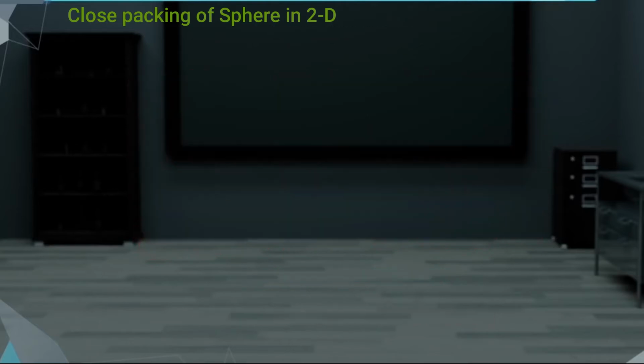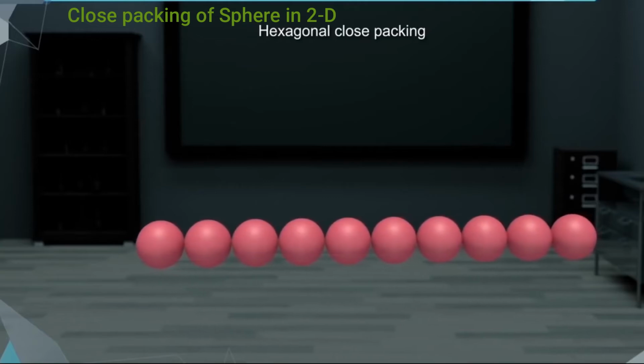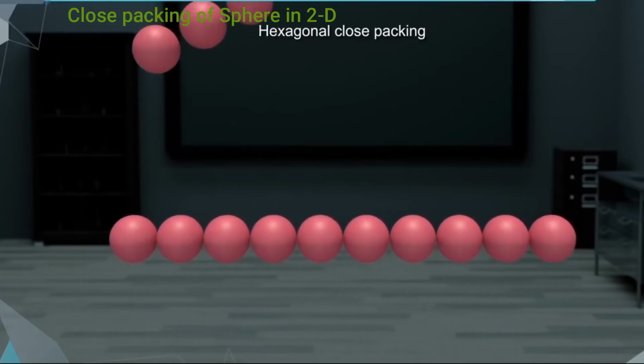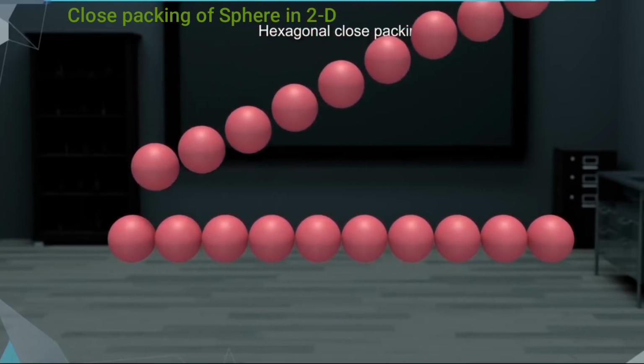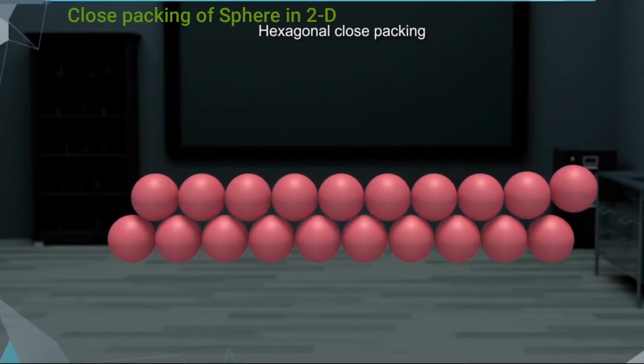Now, next is hexagonal close packing. In hexagonal close packing, the second row may be placed over the first one in a staggered manner, such that its spheres fit in the depressions of the first row. If the arrangement of the spheres in the first row is called A type, the one in the second row is different and may be called B type.